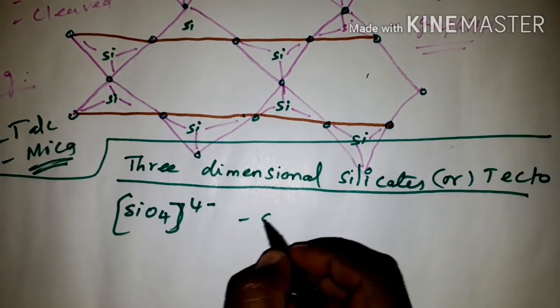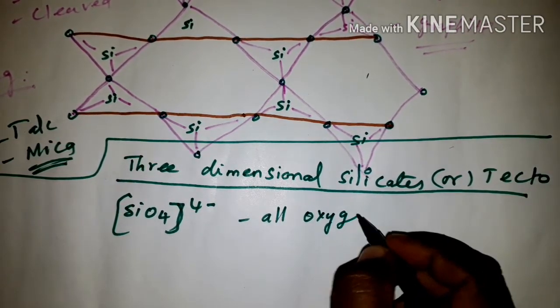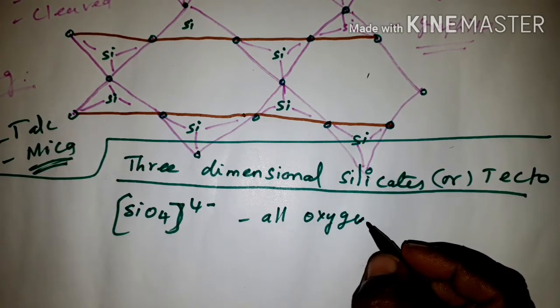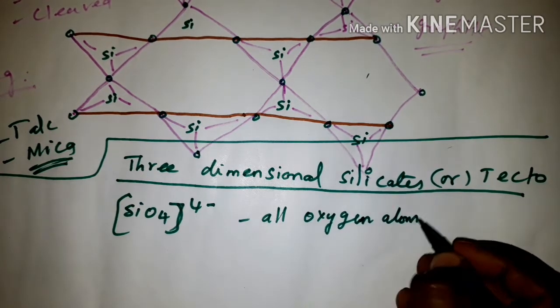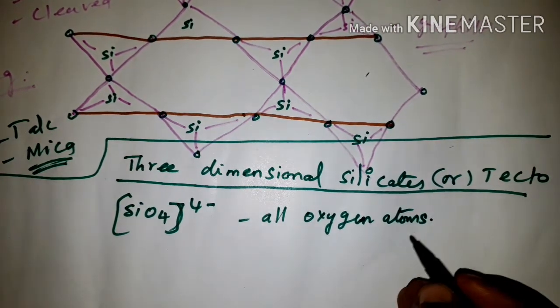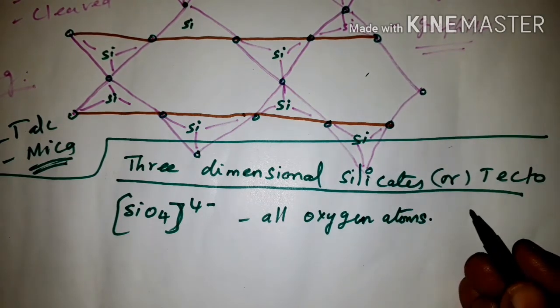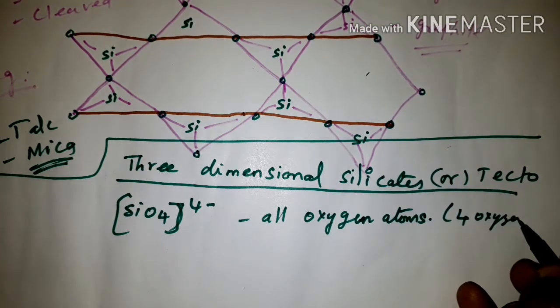See here, all the oxygen atoms are shared with other tetrahedra units. All the oxygen atoms in one tetrahedral unit are shared with another tetrahedral unit. So that means 4 oxygen atoms.